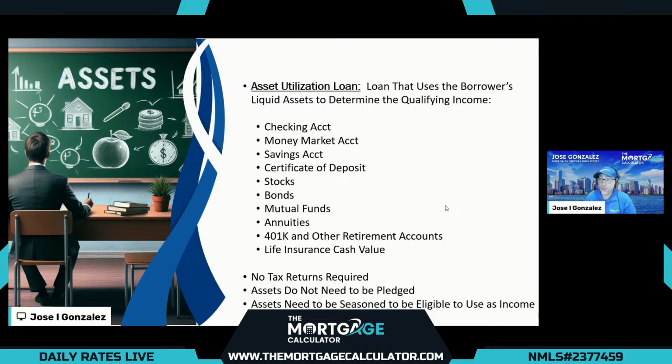Now, another important point to note, one of the ones that sometimes gets this loan type in trouble to close, is that the assets need to be seasoned to be eligible to use as income. That means that the assets need to have been held by the borrower already as an asset, whatever it is that you use, in the stocks, for a certain number of months. In most cases, for most of the options for asset utilization, 4 months seems to be a recurring theme as to the amount of seasoning that is required for the assets to be eligible to be used as income.